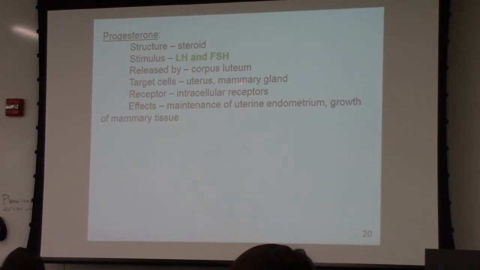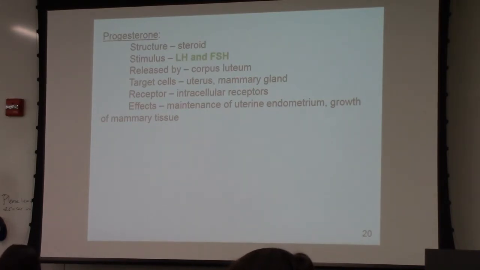The progesterone is causing the mammary gland to develop, not necessarily to produce milk yet, because there is not a fertilized oocyte, there is not a pregnancy yet. I'm going to talk about that after next week.